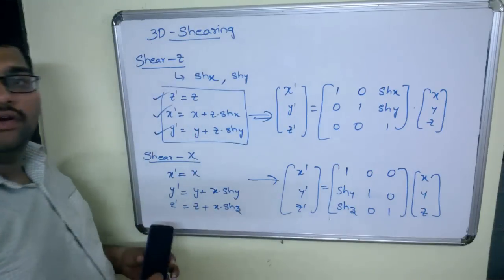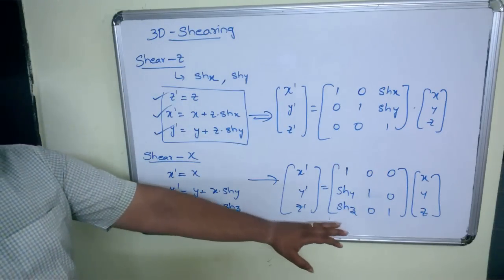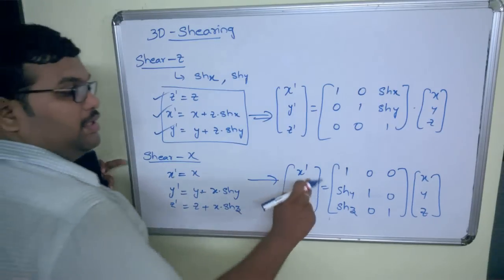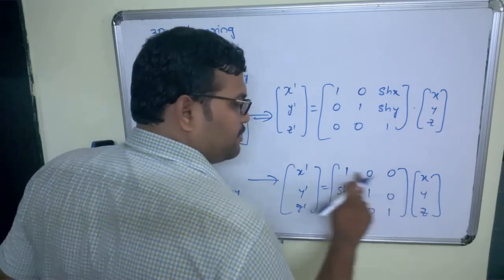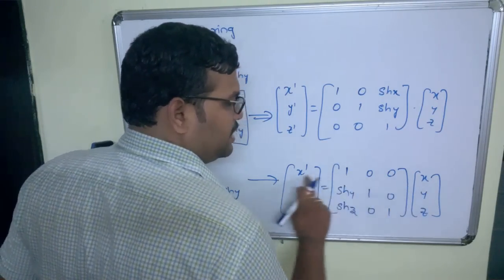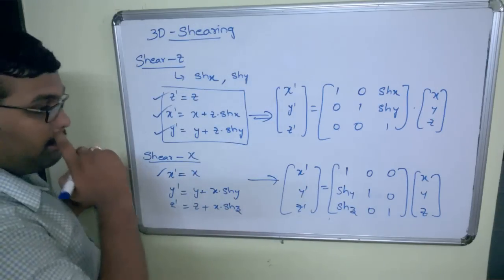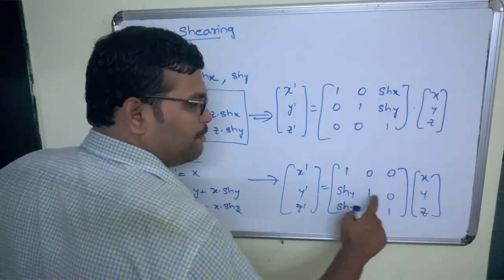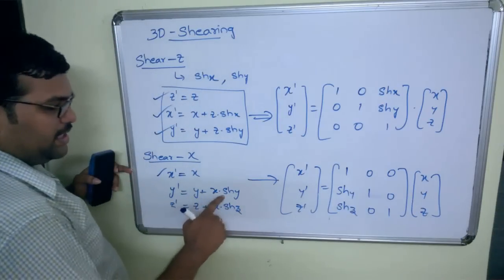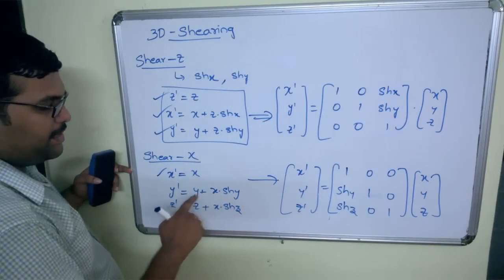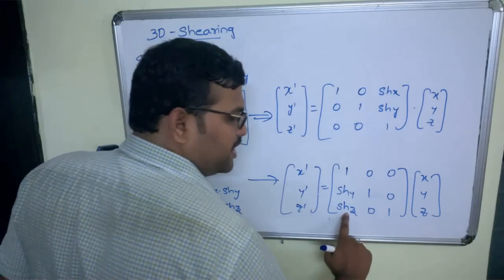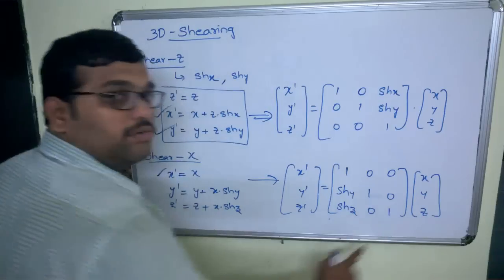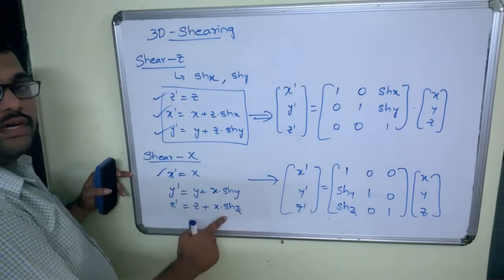So let us now multiply this matrix so that we should get the formula. See, x' is equal to 1 into x plus 0 into y plus 0 into z, that is x' is equal to x. y' is equal to shy into x plus y. z' is equal to shz into x plus 0 into y plus 1 into z, that is z plus shz into x.